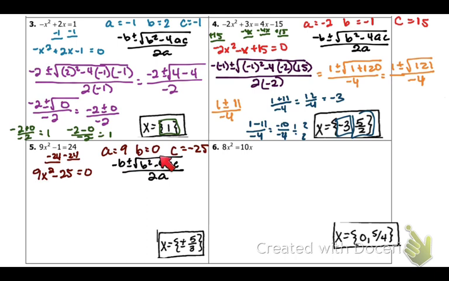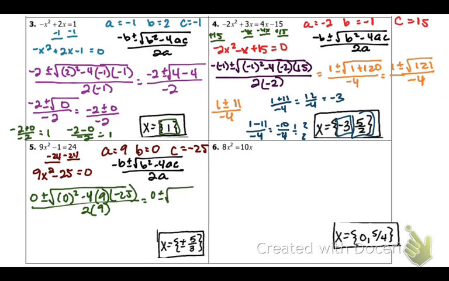Now my negative b is already 0. So if I put negative 0, it's not going to change anything, so I'm just going to leave it at 0. Plus or minus the square root of 0 squared minus 4ac, all over 2a. Then you're going to do minus 4 times 9 times negative 25.